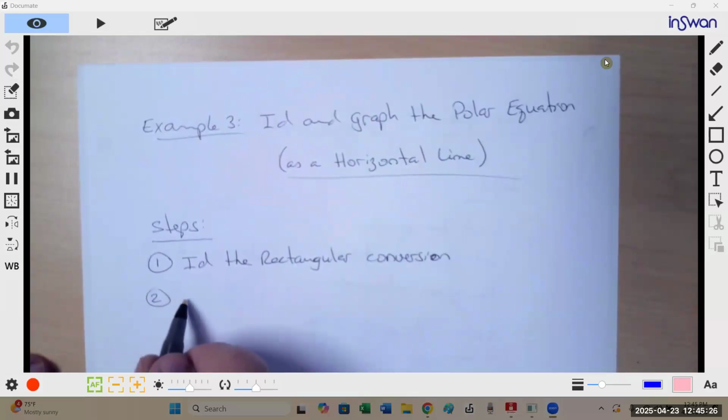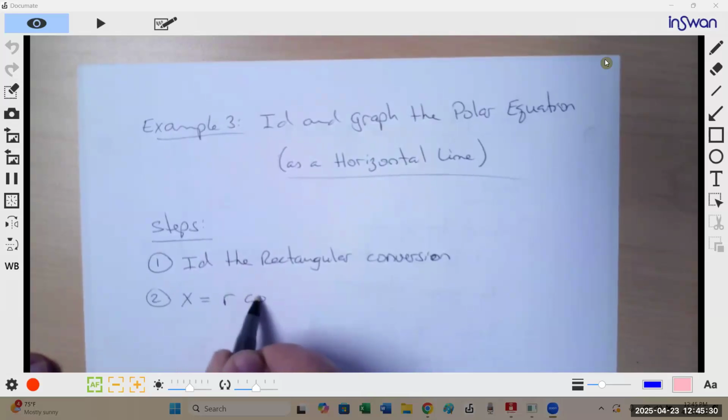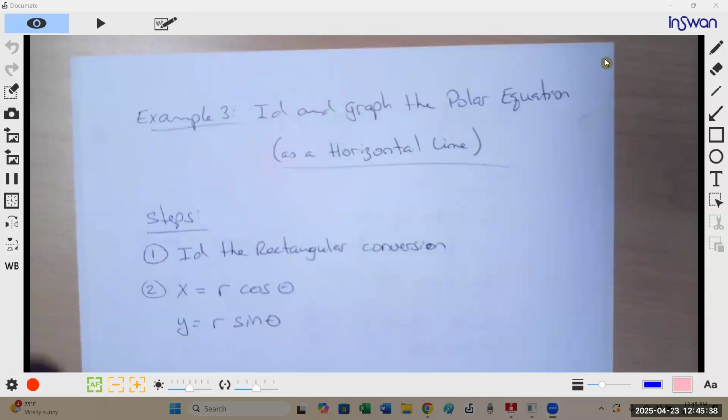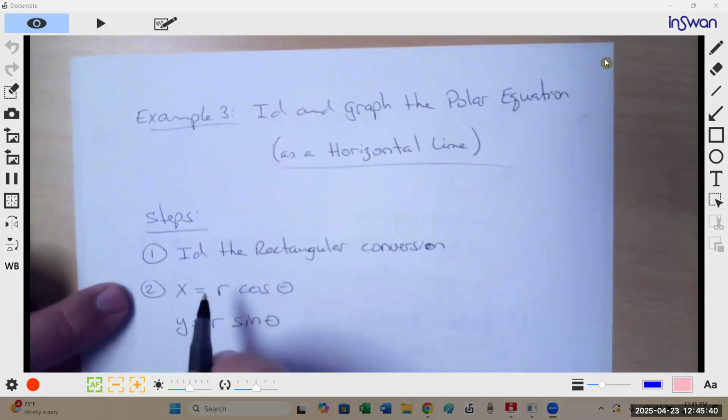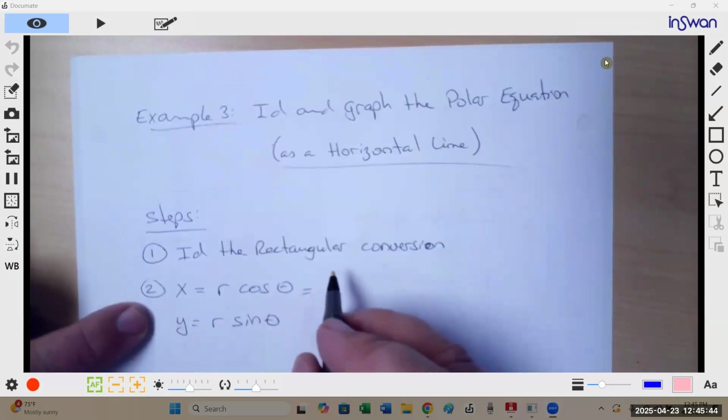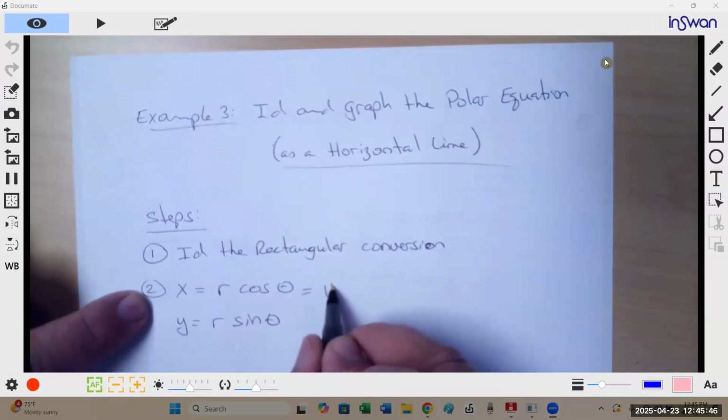Second, then transform x is equal to r cosine theta, y equals r sine theta. If the equation is simply this, if it's x equals, then it's a vertical line.